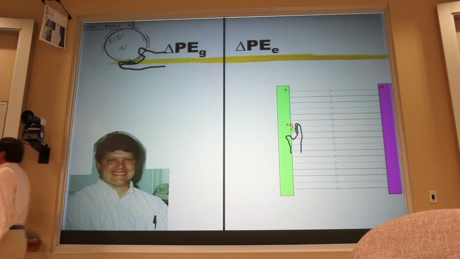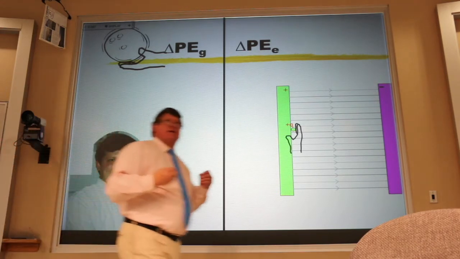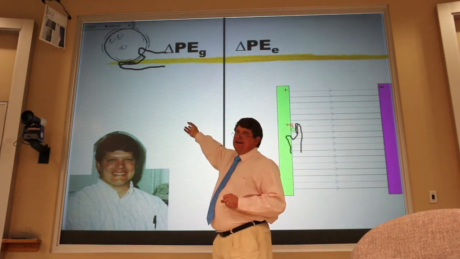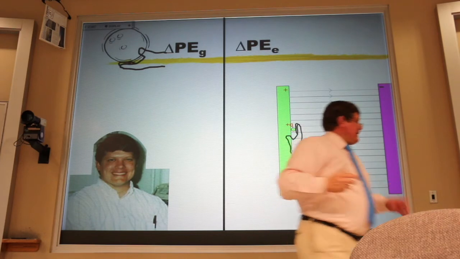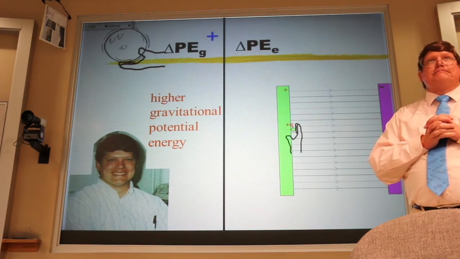If we do it in such a way that we don't change the kinetic energy, that positive work is giving me a positive change in electric potential energy. I'm sorry, in this case it would be gravitational energy, right? Okay, now, what that positive change means is I move to a region of higher gravitational potential energy.